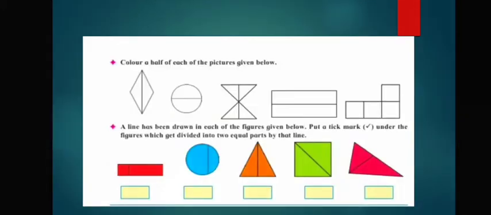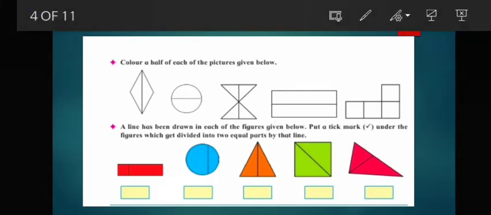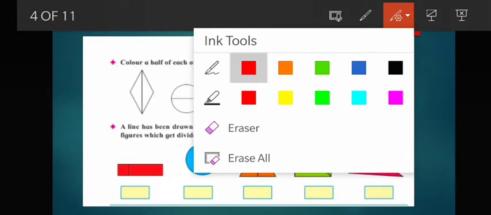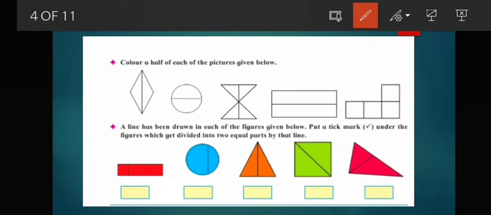Now color a half of each of the pictures given below. So let us color a half of each of the pictures given below. See, I am going to ask this type of questions in your exam, so kindly practice all these sums properly. See, I am coloring the half part.